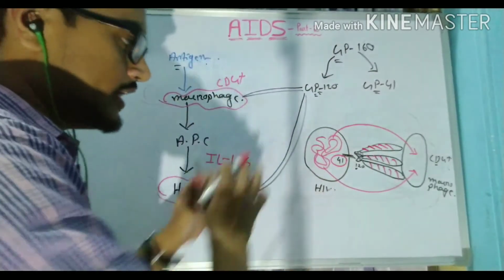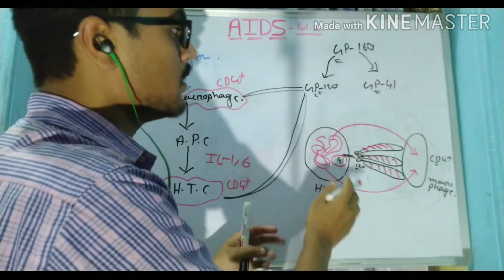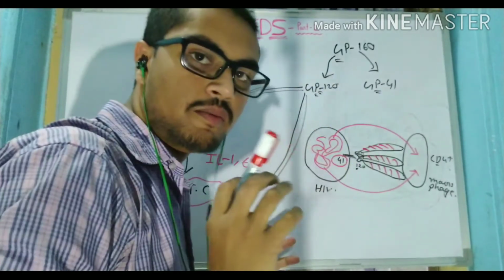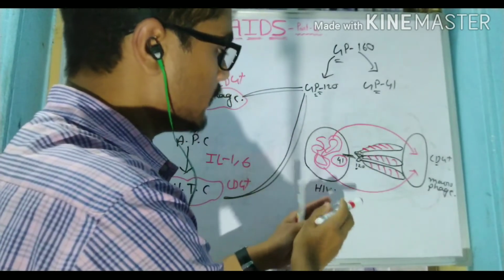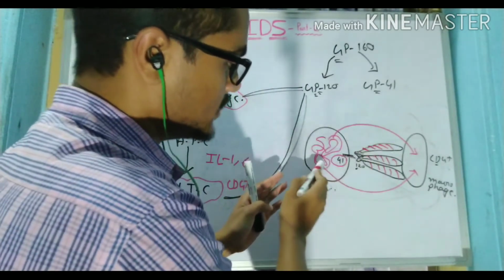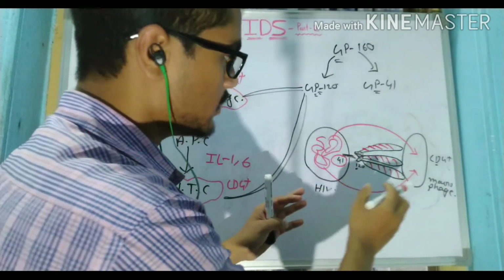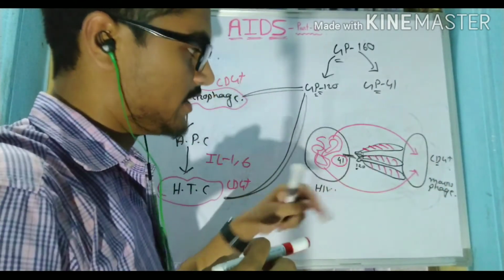In this whole mechanism, GP120, the outer membrane protein of this virus, is also known as the attachment protein, because it does not help in the diffusion of the genome of this virus. It helps in the attachment between the CD4 macrophagic cell and the HIV virus.